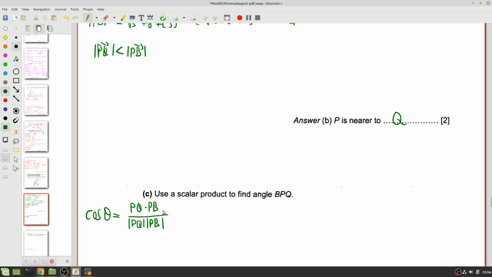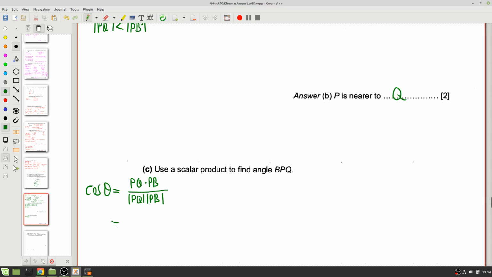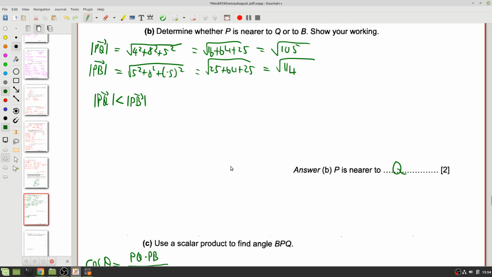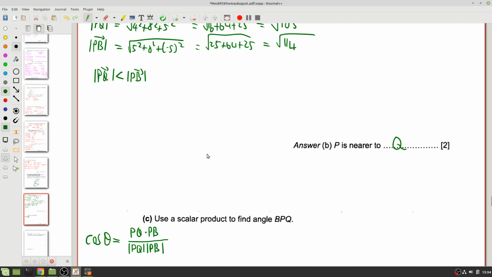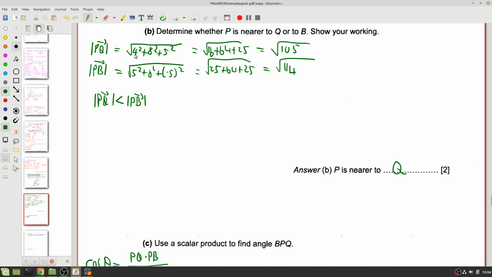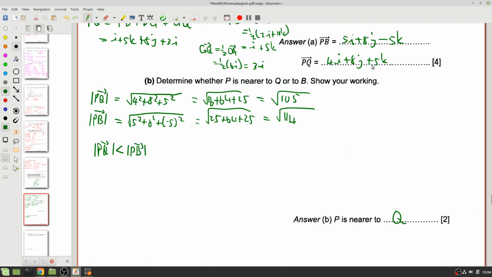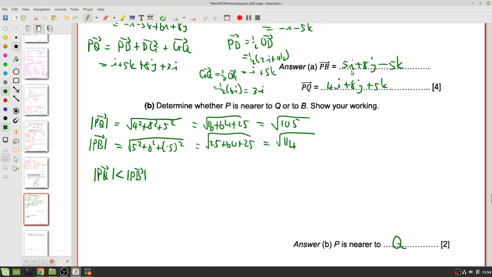Alright, so let's work this out. The scalar product PQ dot PB: you just multiply the components together and then add them. So the first component, the i's, is 4 times 5, plus 8 times 8, plus 5 times negative 5.